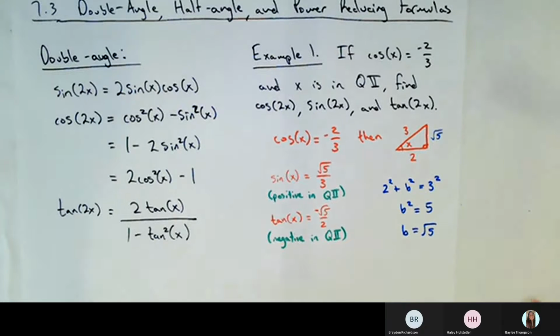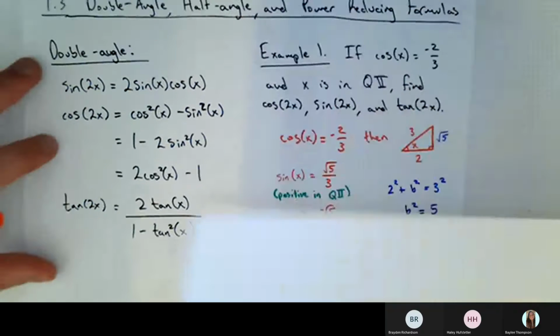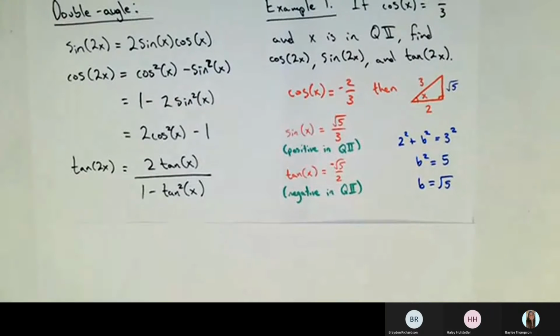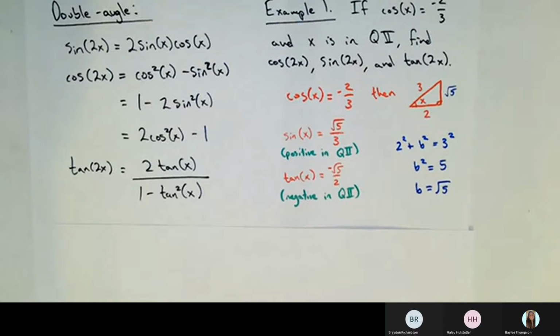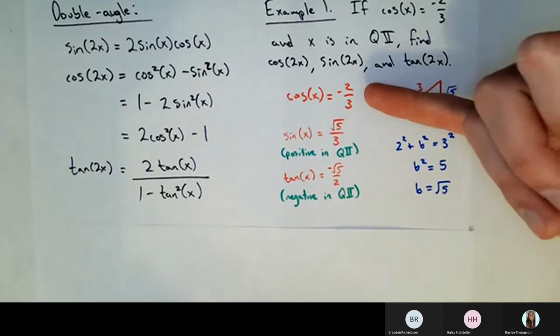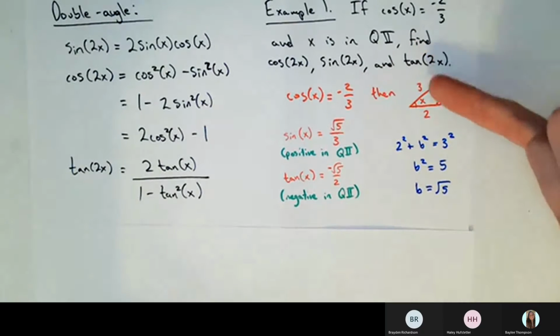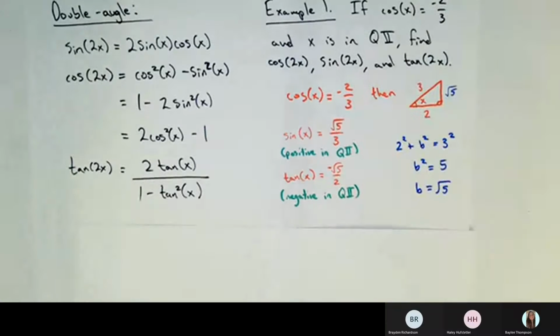Good. So now I have all of the pieces that are going to let me build up sine of 2x, cosine of 2x, and tangent of 2x. So any questions about that? Because that's the important first step of this problem, finding sine and tangent from just cosine of x and the quadrant information. So any questions about where I got any of those numbers?